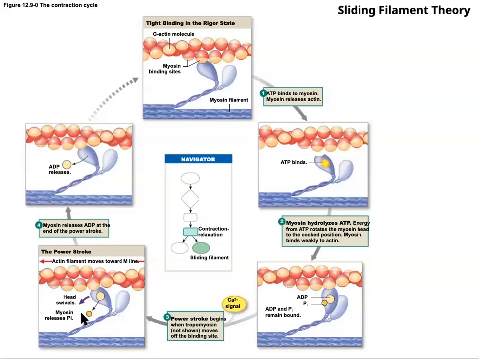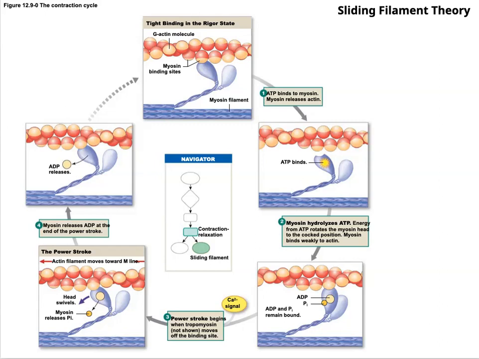And then what happens next is phosphate is then released from the myosin head. Okay, and the release of phosphate allows the myosin head to swivel. And so this is the power stroke. Okay, so the head swings toward the M line, thereby sliding the actin filament along with it. Okay.